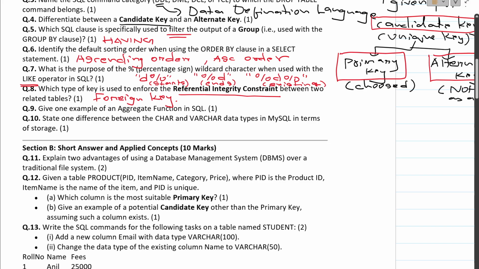Now what does it say? Give one example of an aggregate function. Aggregate means what? Whenever you find the result of anything from combinations of rows or columns or cells. So you can say mean can be one of the answers, maximum can be one of the answers, or you can also use count.